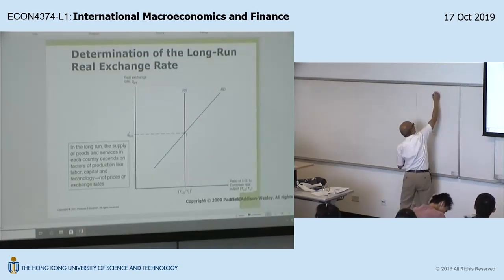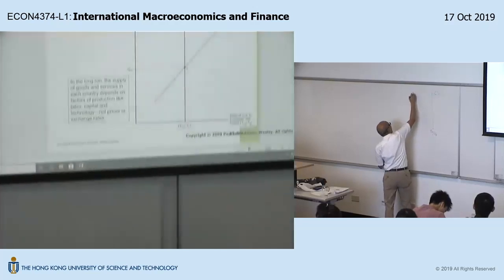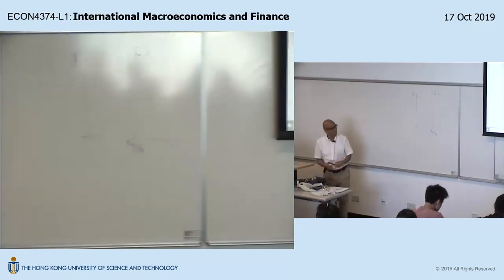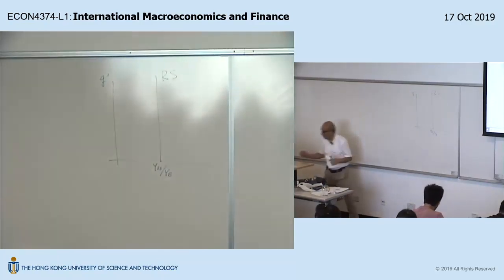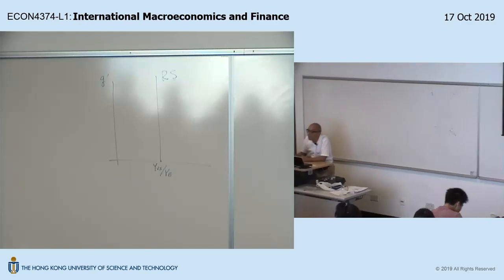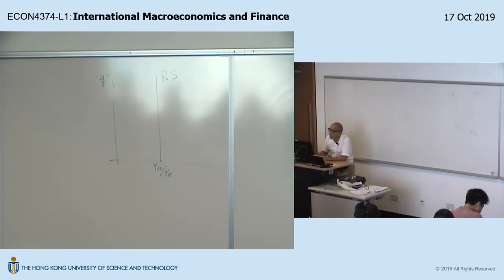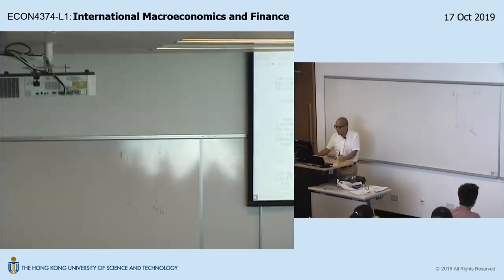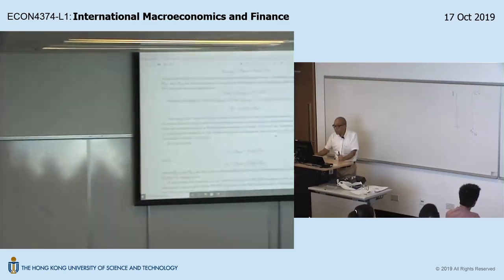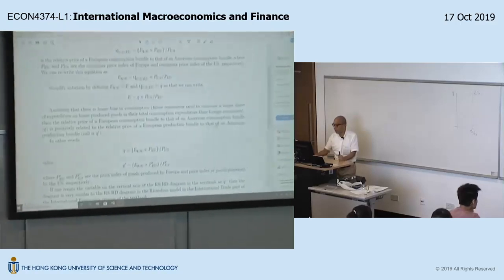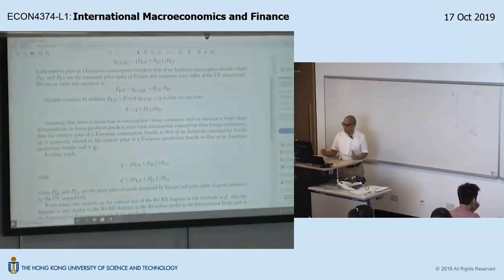This is a relative supply curve, and I would call this Q prime. Last time I introduced it, the relative price of a European production bundle to that of an American production bundle, called Q prime.